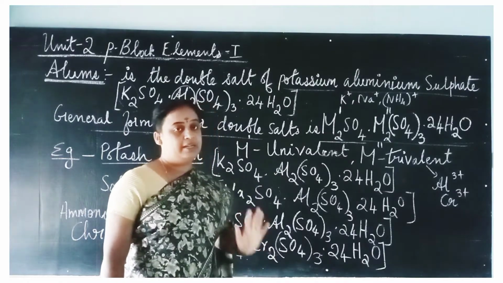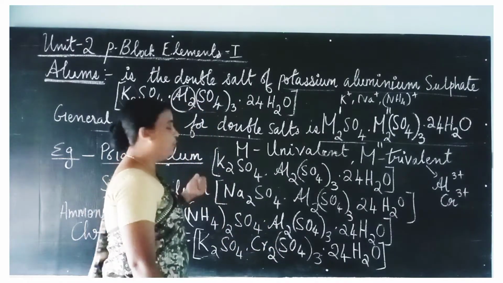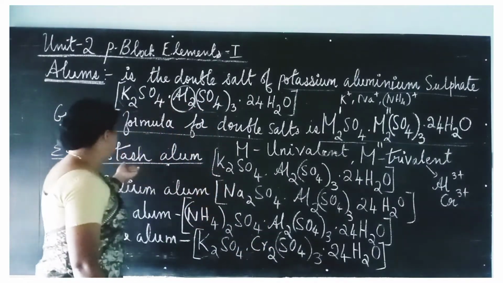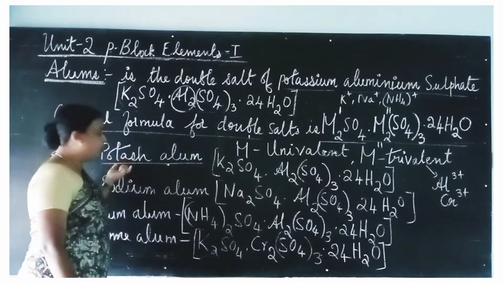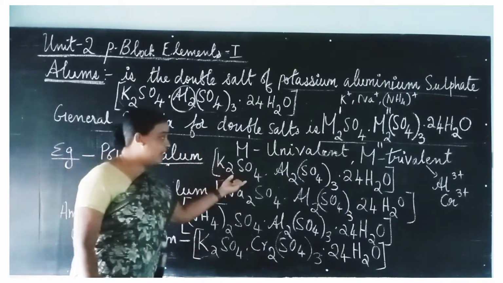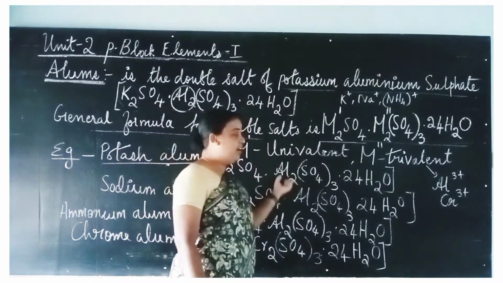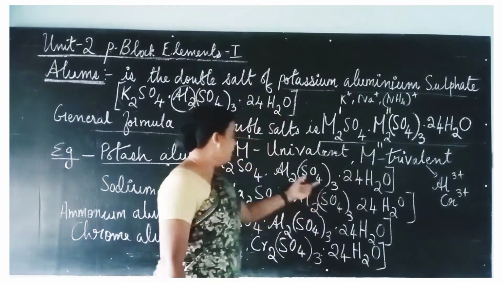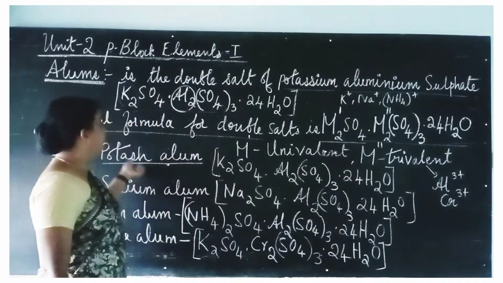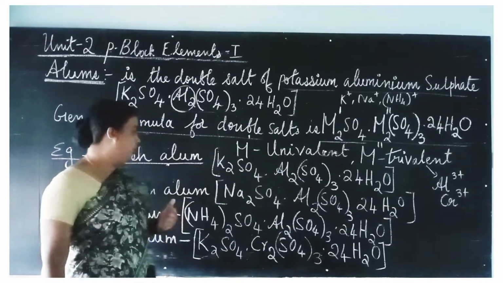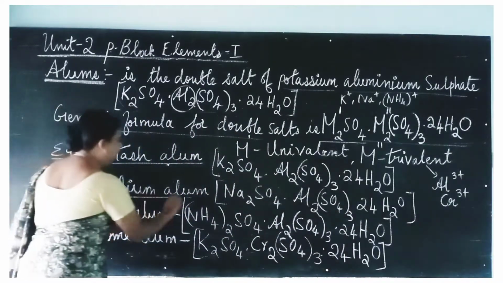Now let us take a few examples of alum. The first one is potash alum. Why is it called potash alum? Because potassium sulfate is there, then aluminium sulfate with 24 water molecules. This is also called potash alum or just alum generally. The next one is sodium alum.